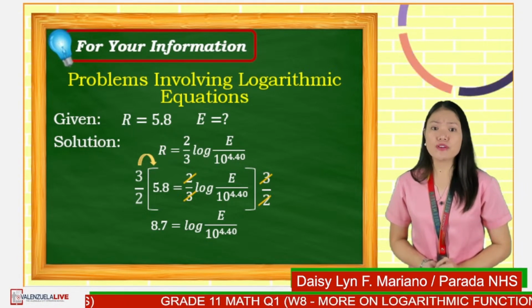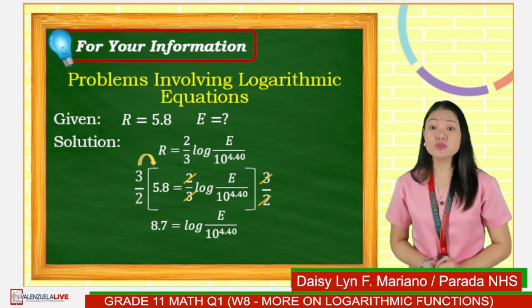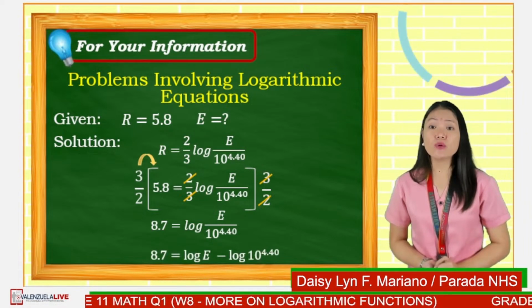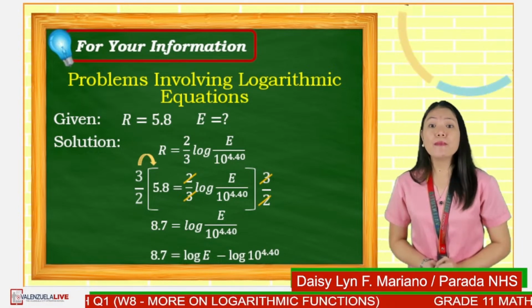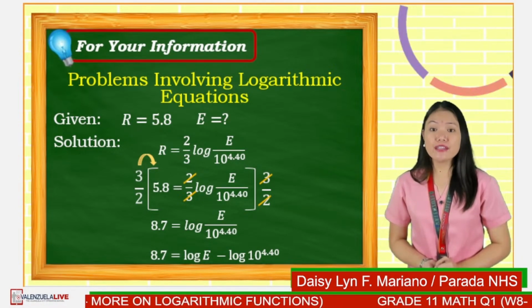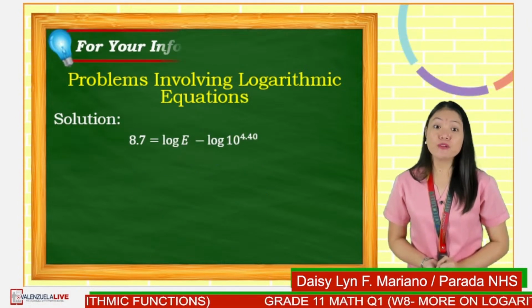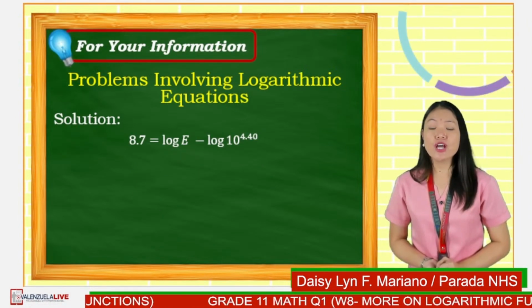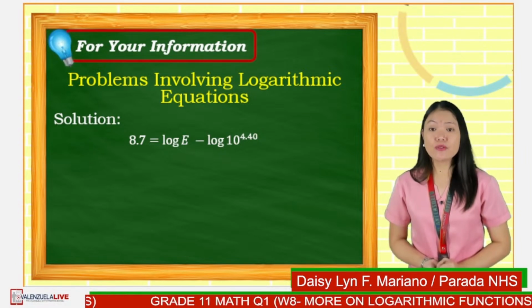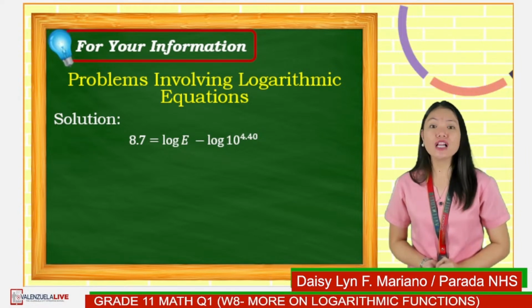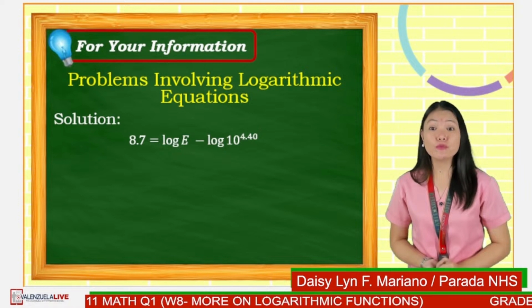Applying laws of logarithm, this is equivalent to 8.7 is equal to logarithm of E minus logarithm of 10 raised to 4.40. Applying properties of logarithm in the expression logarithm 10 raised to 4.40, a value of 4.40 will be obtained.